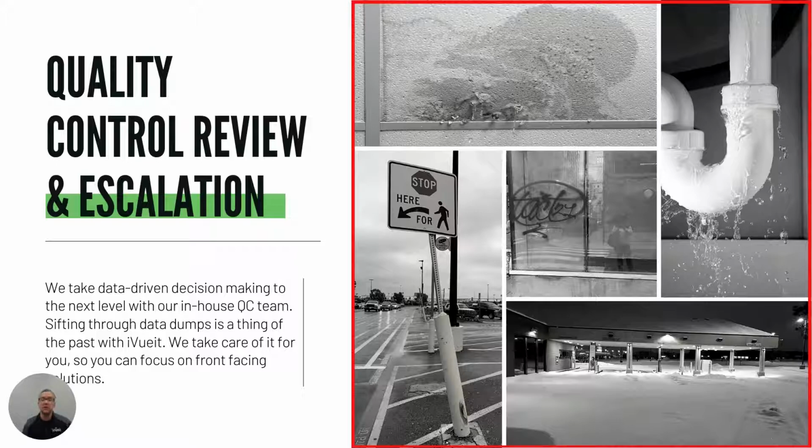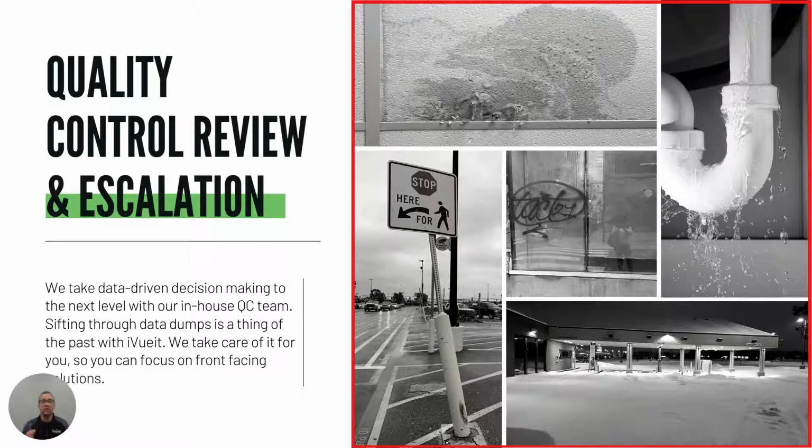And once the views are submitted, our internal quality control team checks each view to ensure that the requested scope of work is completed, including the accuracy of the answers to the survey questions, and quality of photos. And also what we're doing is going through and we can escalate by highlighting the photos or pins red.